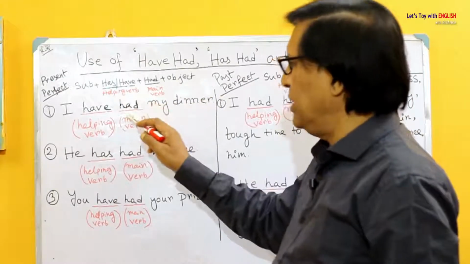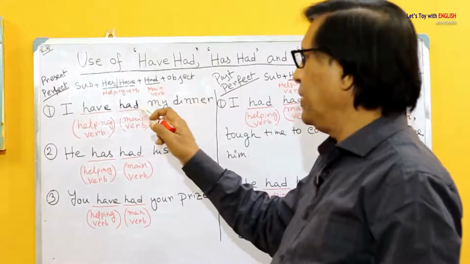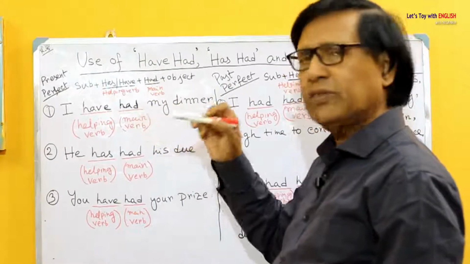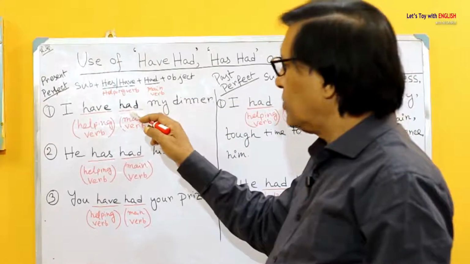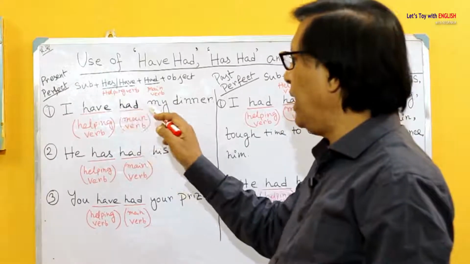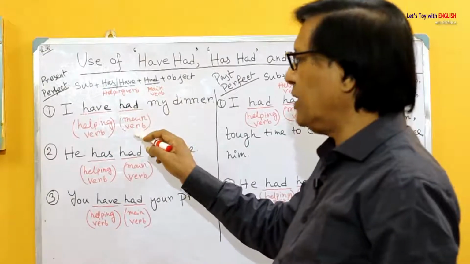And here had means eaten. I have already told you, have means eat. And it is the verb, third form or past participle form, had. I have had my dinner. This have is the helping verb and this had is the main verb.